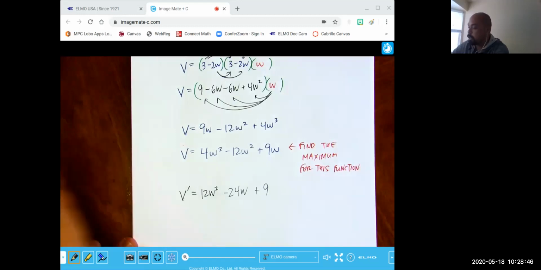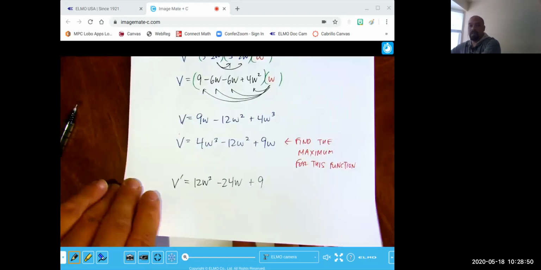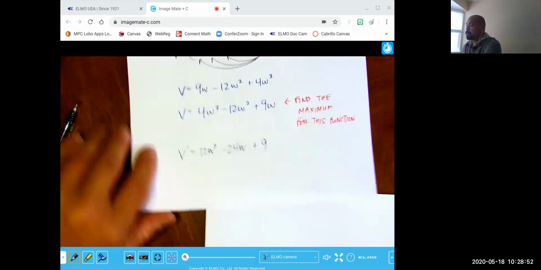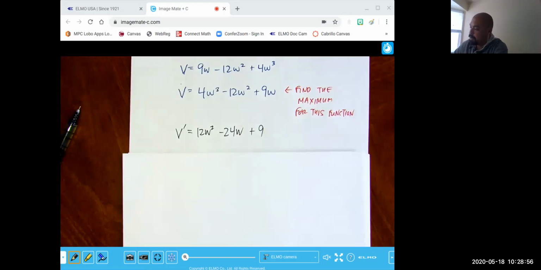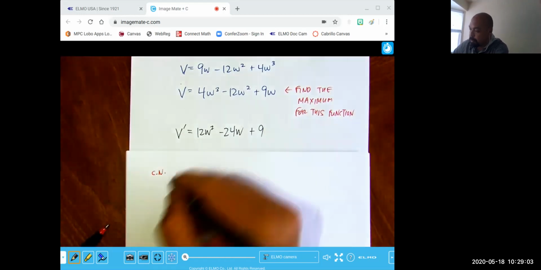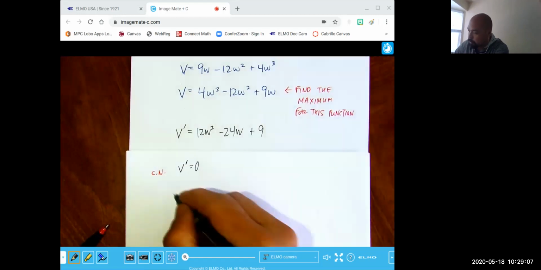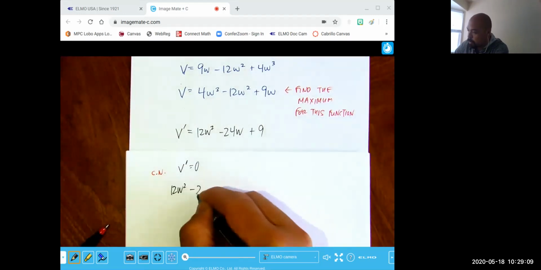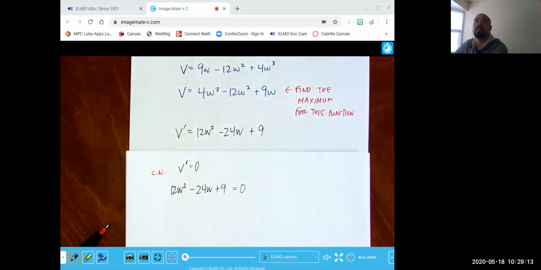Our critical numbers are where that derivative equals 0, so our possible maximums can occur. All right, V prime equals 0. So solving 12w squared minus 24w plus 9 equals 0.